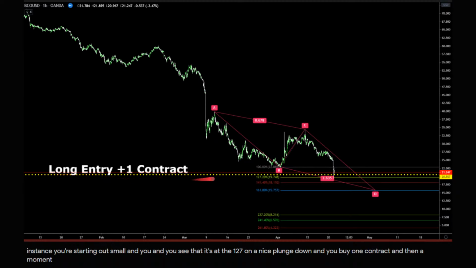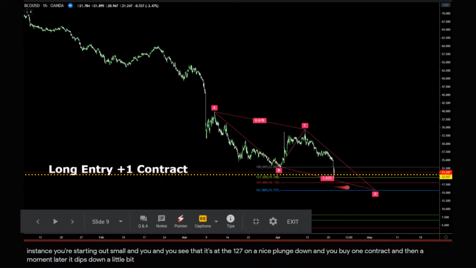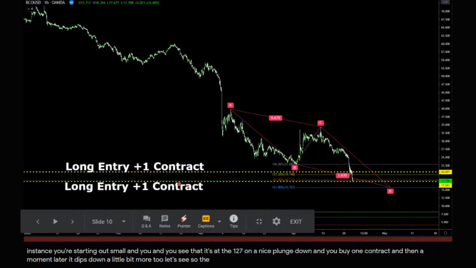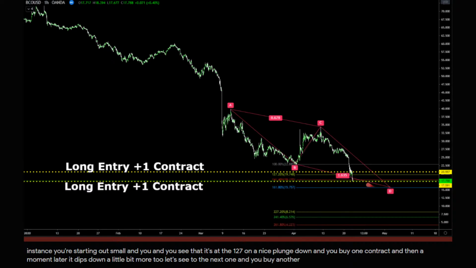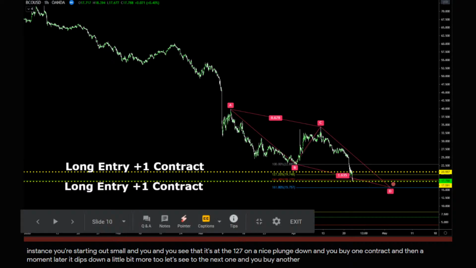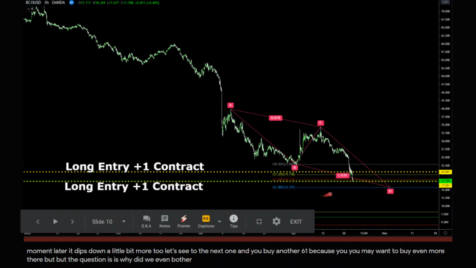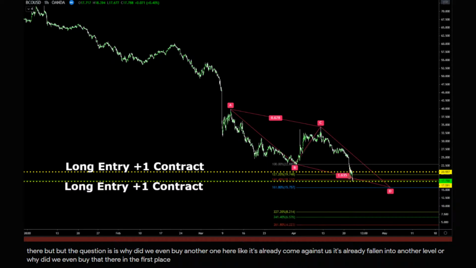A moment later, it dips down a little bit more to the next one, and you buy another contract, but you're still targeting that 161 because you may want to buy even more there. But the question is, why did we even buy another one here? It's already come against us, it's already fallen into another level. Why did we even buy that there in the first place? And this pattern, as I said, can bounce off that 127.